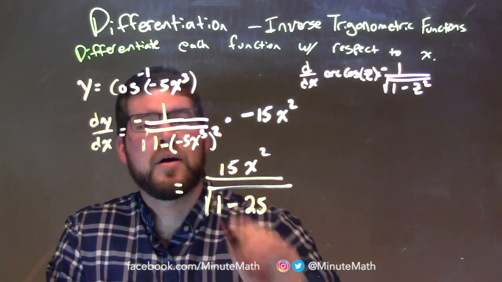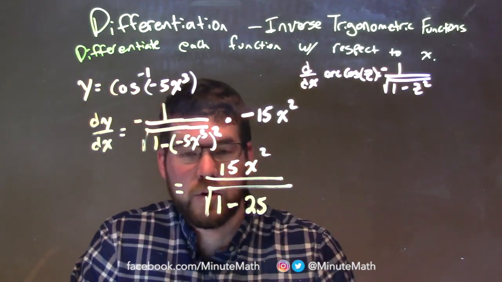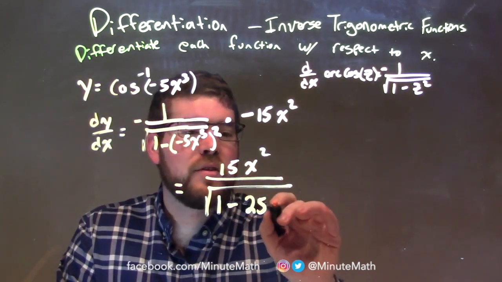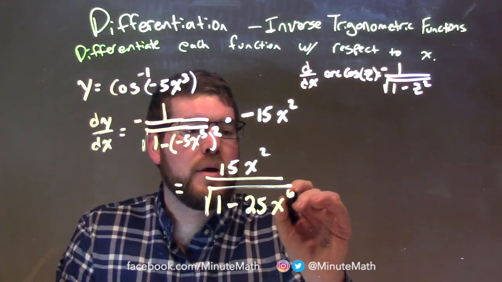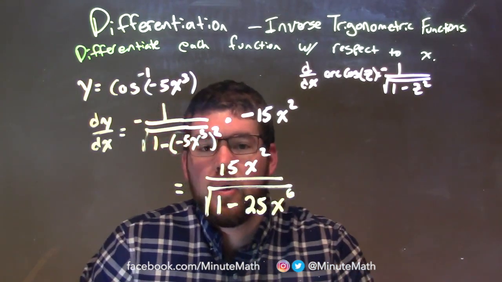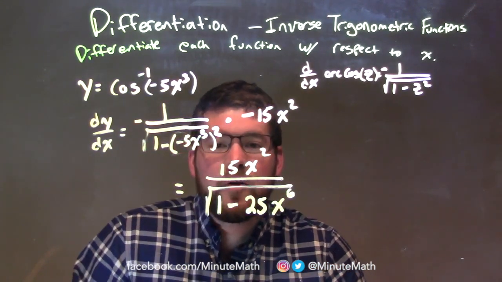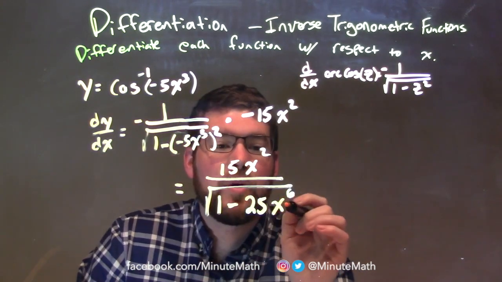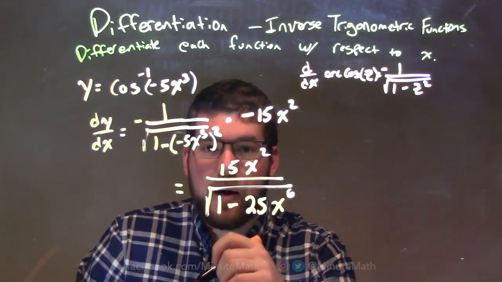And we apply the square to the x to the third power, multiplying the exponents, so it's x to the 6th power. And there we have it, our simplified form. Our derivative here is 15x squared over the square root of 1 minus 25x to the 6th power.